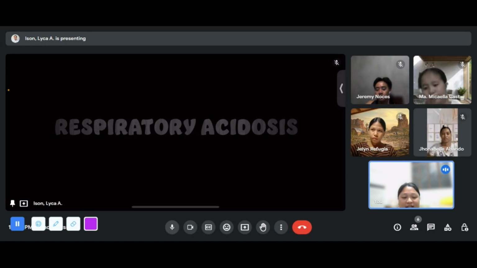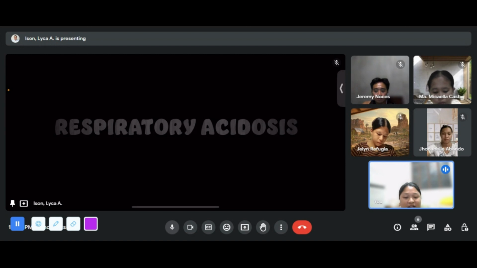So the buffering systems involve the use of substances that can either accept or donate hydrogen ions to maintain the pH within its normal range. So the respiratory regulation involves the control of carbon dioxide levels in the blood by the lungs.